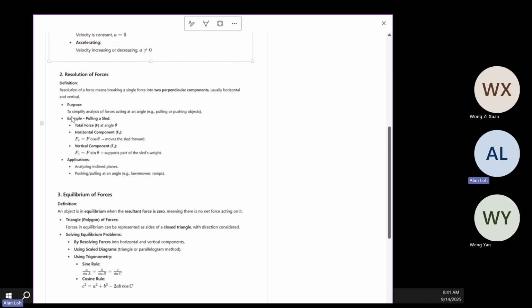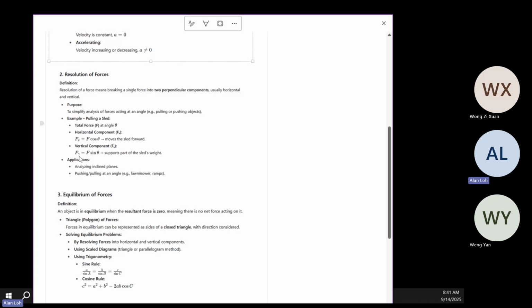Then let's continue. To simplify analysis, the forces acting at an angle, pulling or pushing objects. So this is the formula. Fx, x is the x-axis, and the formula is F cos theta. This is horizontal.